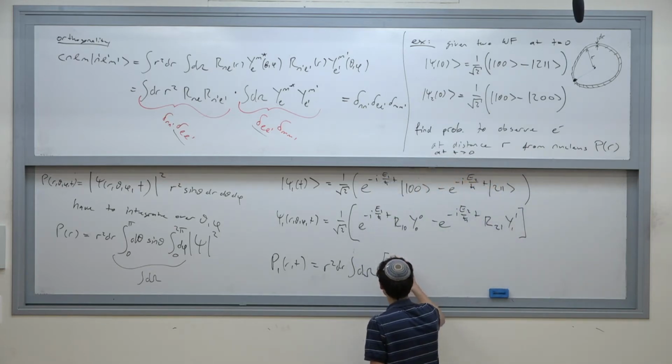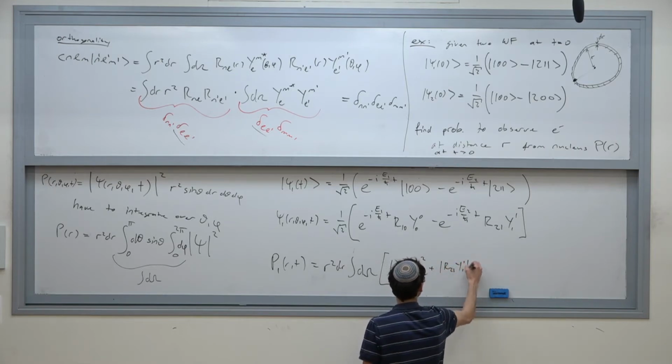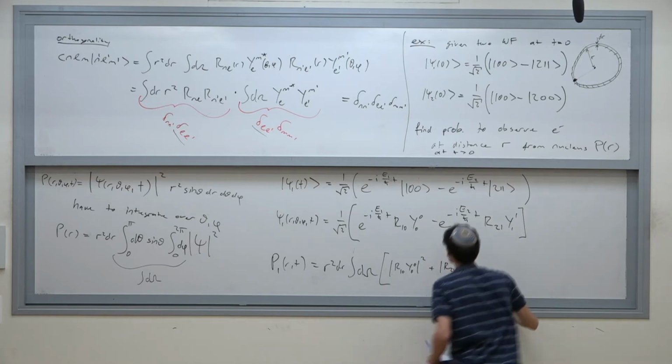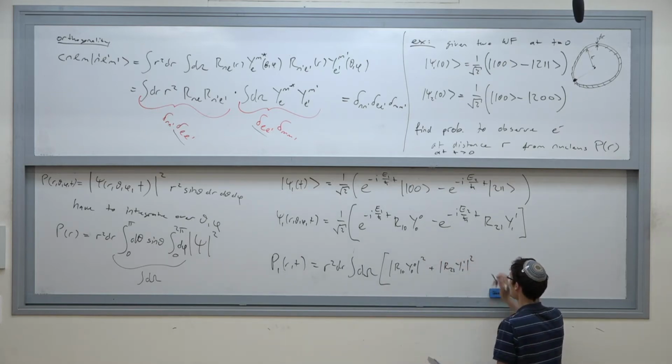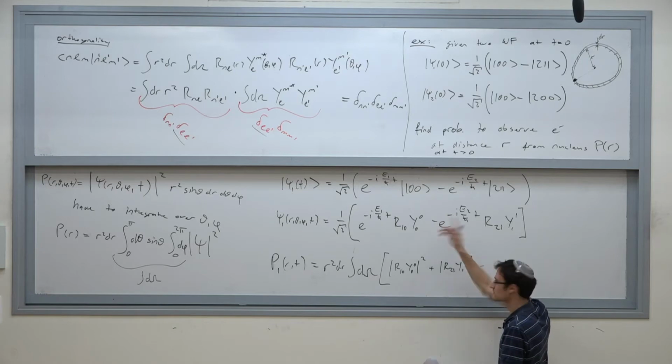So the first term is R10 Y00 squared. The second term is R21 Y11 squared. And then there are 2 more terms here.